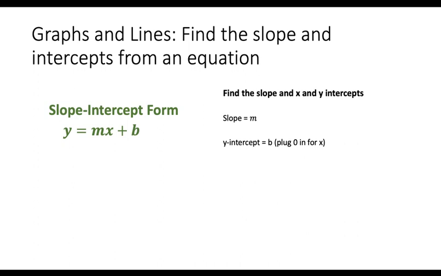The y-intercept is b, or you can plug 0 in for x. And the x-intercept is going to be -b over m, and I'll show you why in a sec. Or you could plug 0 in for y. I really think when you're finding an x-intercept, don't memorize this formula. Memorize that you're plugging 0 in for y. You'll see I'm going to do a lot of examples for you.